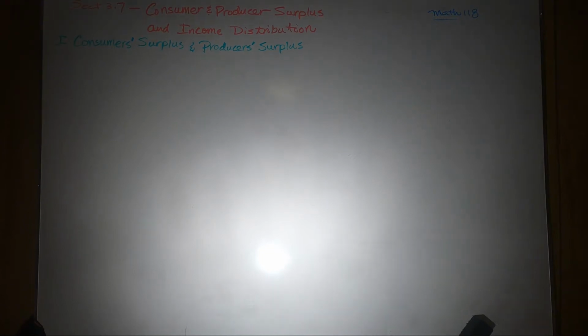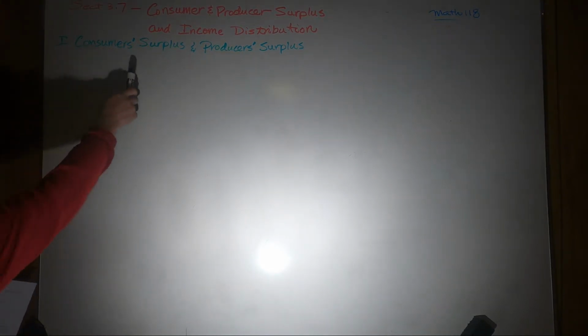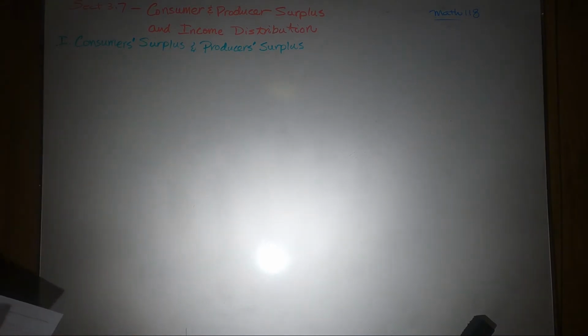If you are graduating this year, I think you have learned in your business class about consumer and producer surplus, right? And income distribution, just a common sense, what we know of. Okay, then let's talk about consumer surplus and producer's surplus first.